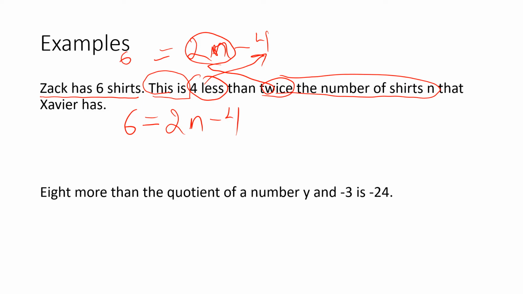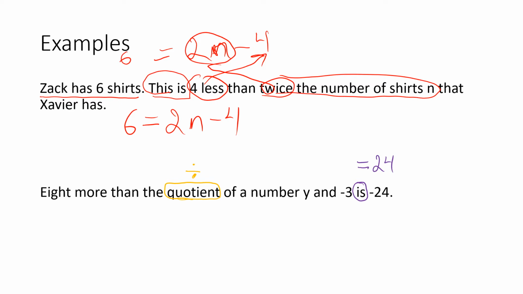All right, let's move to the next one. 8 more than the quotient of a number y and -3 is -4. Now, the first thing I want to point out is we need to remember what quotient means, what operation quotient means, and this is a division operation. The other thing we need to be looking for is our equal sign, and "is" is usually a good indicator that that is our equal sign.